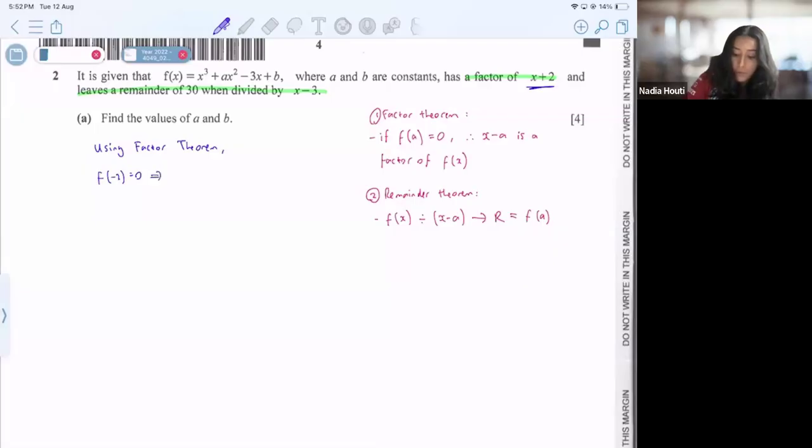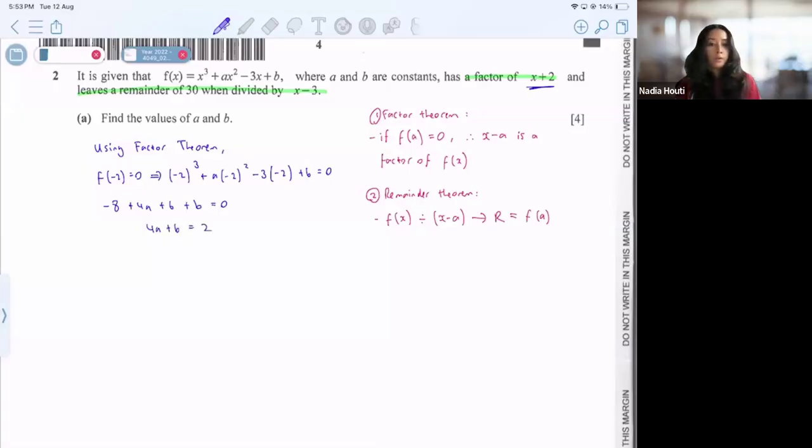So when you sub in negative 2 into all the x's, you will get 0. And then you just simplify this equation. Okay, so you get your first equation.